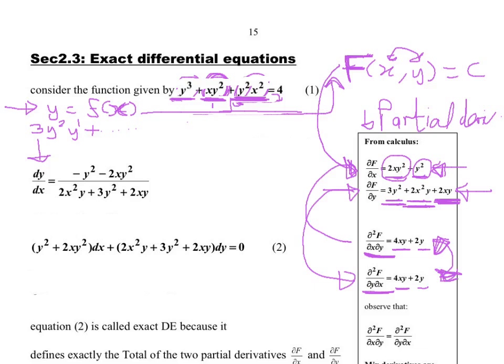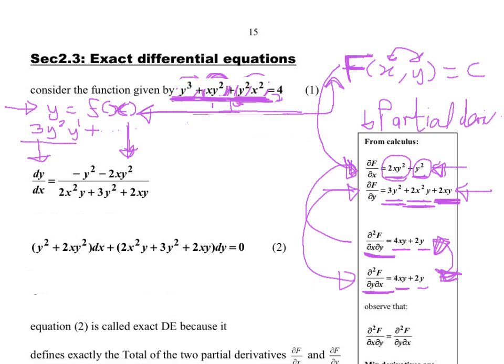Before we start and say what an exact differential equation is, there is a very interesting fact here which we must mention. As you see, to differentiate this function, we have the choice of assuming y is a function of x, and like I said, we do one full page and say 3y squared y prime in order to find dy dx.